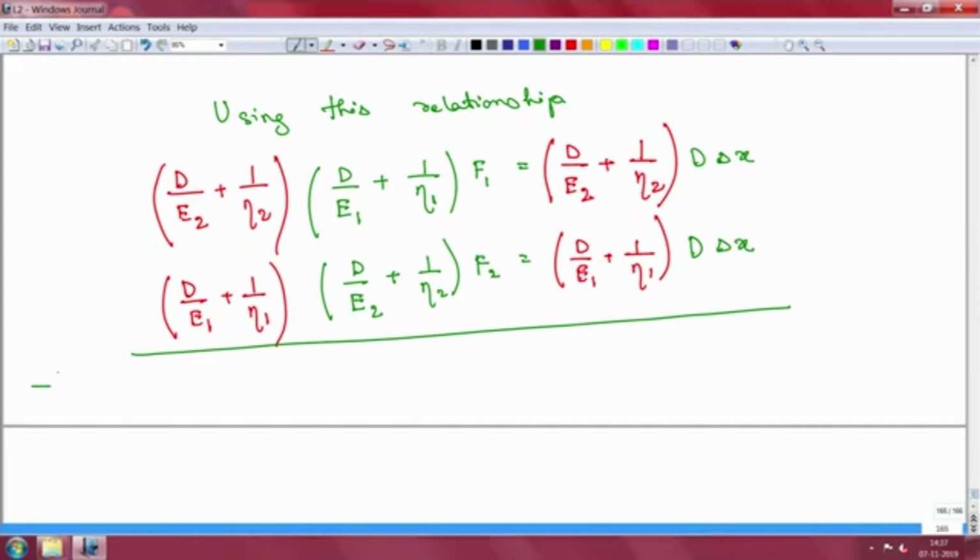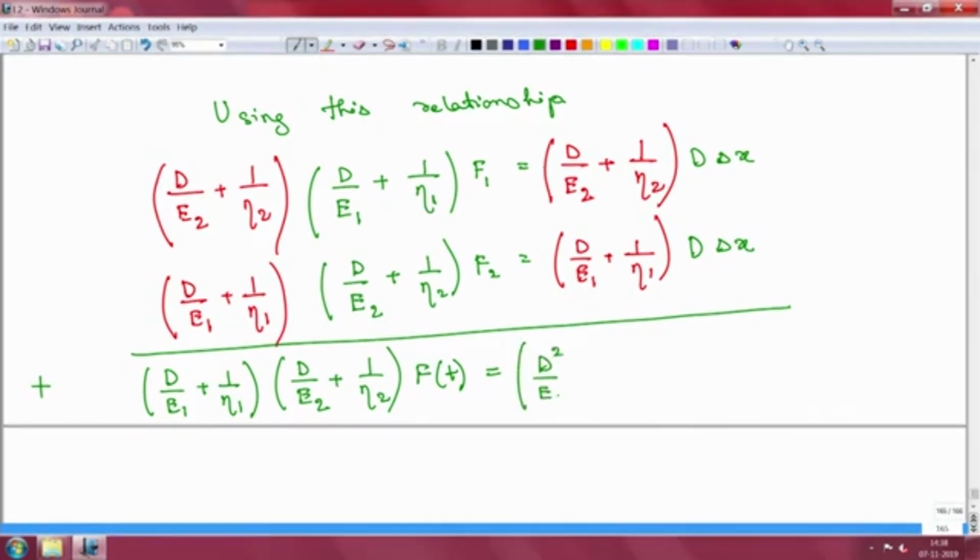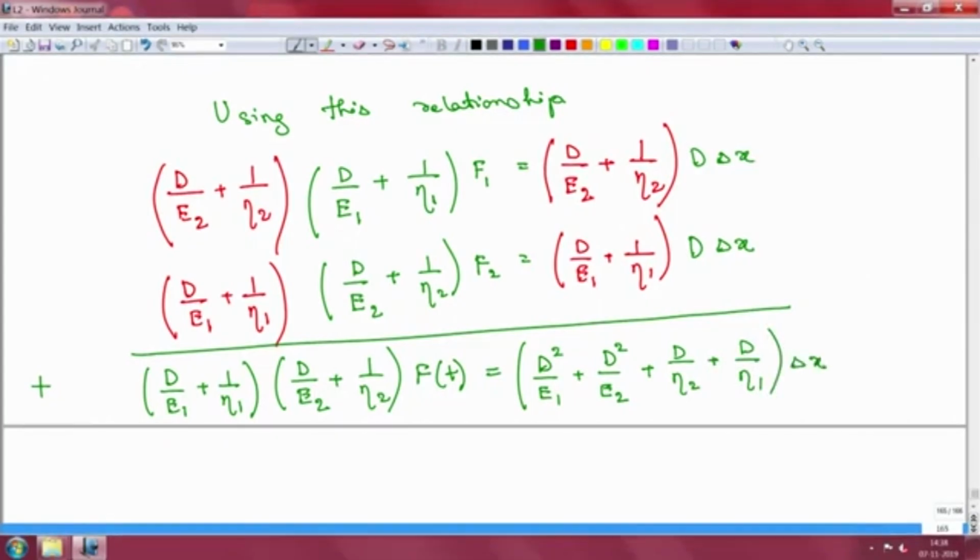Okay. So, you just add them, and the resulting equation will look something like, I leave this in the factored form, and here you will have, right.